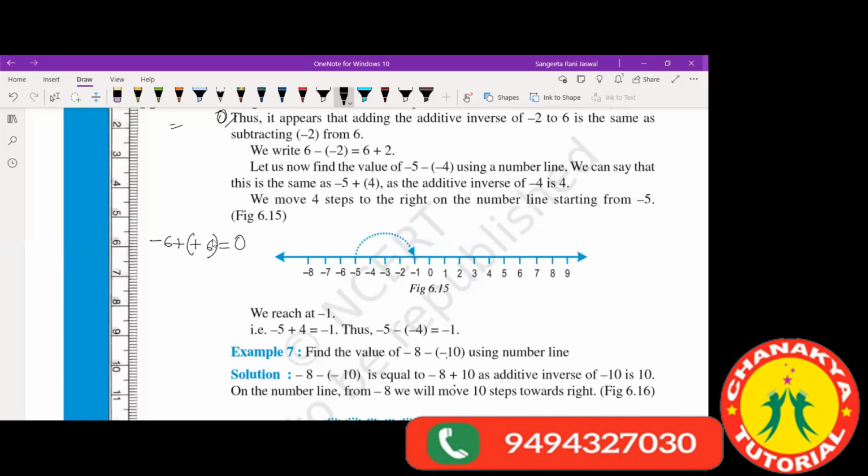Very good. Okay, now if my question is 3, Adya, tell me now. -3. So I have to plus, -3 is the opposite of +3, but I have to add it because I'm calling it additive inverse. Additive inverse means to add opposite. So my plus of -3. Are you understanding?